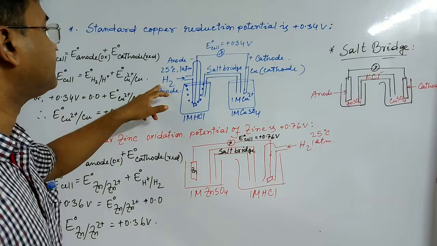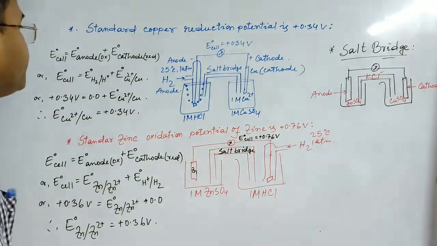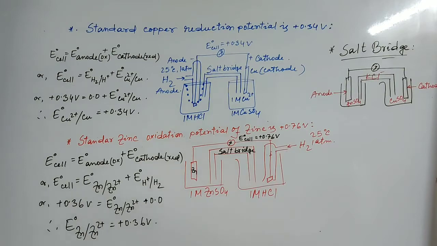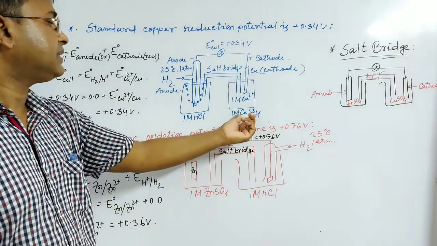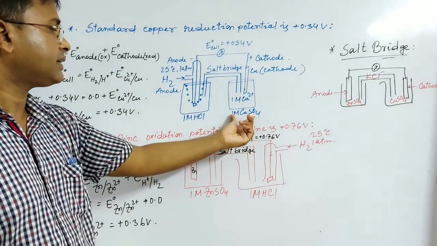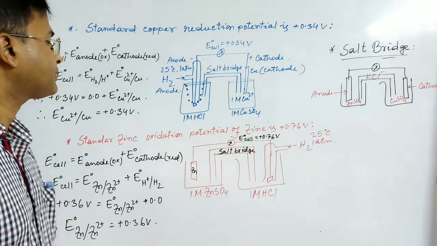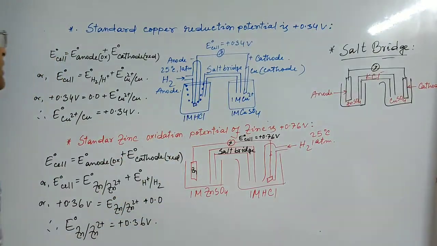That is why here hydrogen electrode is anode and copper electrode is cathode. And copper electrode is dipped in the aqueous solution of copper sulfate, the concentration of copper sulfate is 1 molar, and it is connected with the standard hydrogen electrode.